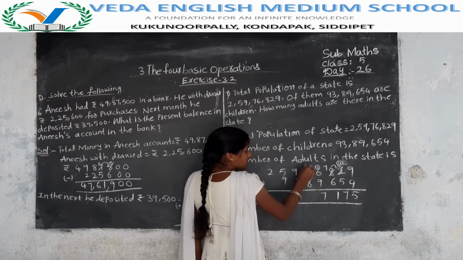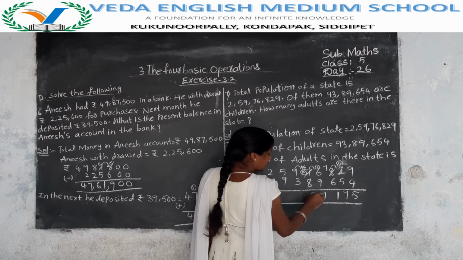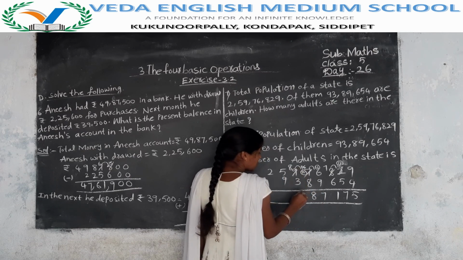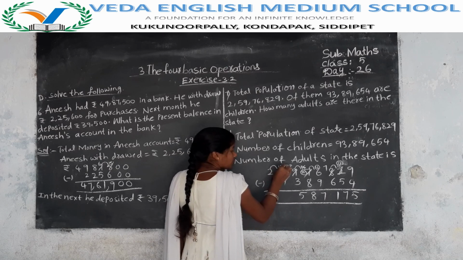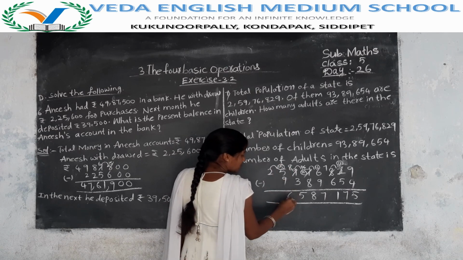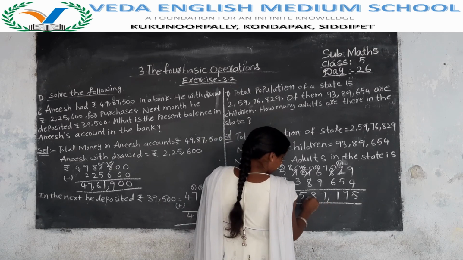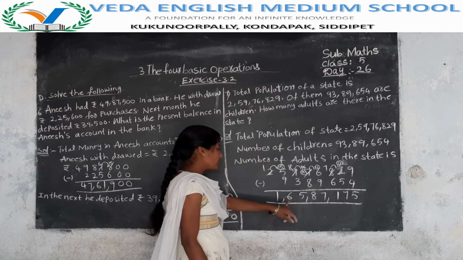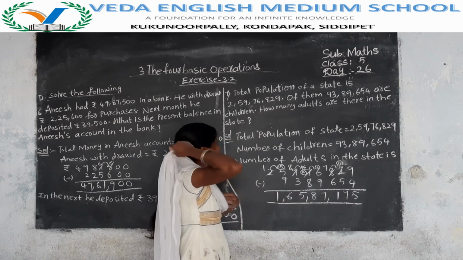Now 7 becomes 6. 6 minus 8 is also not possible. Again take borrow, it becomes 16. 16 minus 8 is 8. 9 becomes 8. 8 minus 3 is 5. 5 minus 9 not possible. If you take borrow, it becomes 15. 15 minus 9 is 6. 2 becomes 1. So in that state, the number of adults is 1,65,87,175.